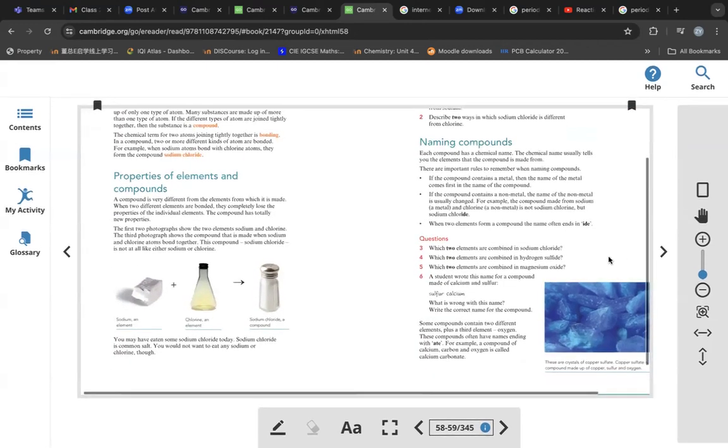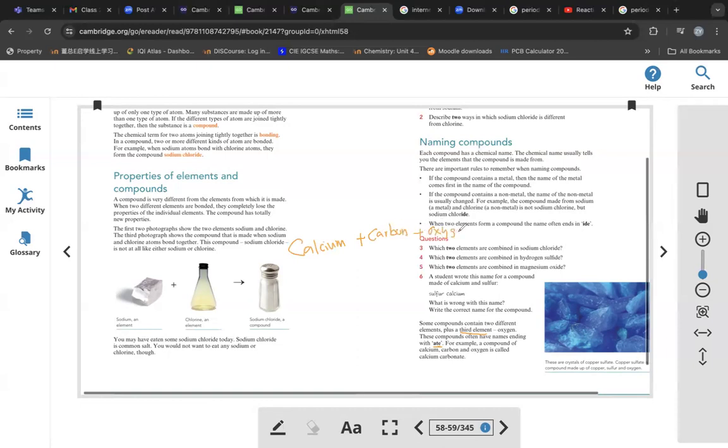Okay, so here you see, when a compound contains 2 different elements plus a third element, they will change the name into ATE. For example, calcium plus carbon and then plus oxygen.